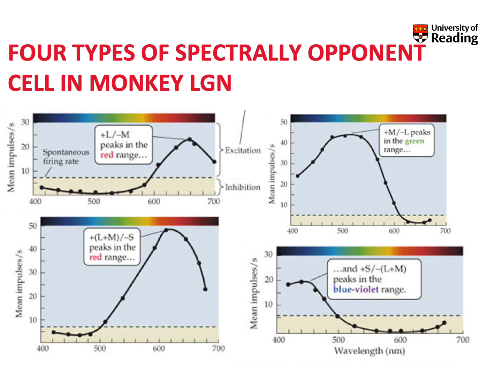The two cells shown on the bottom left and bottom right here are a little bit more complicated examples of opponency. The one on the left increases its firing rate when either the long or medium cone is activated, and what's being subtracted is the blue cone, so it suppresses the response in that region, producing a strong peak in the red region, but not as far into the red region as the one in the top left.